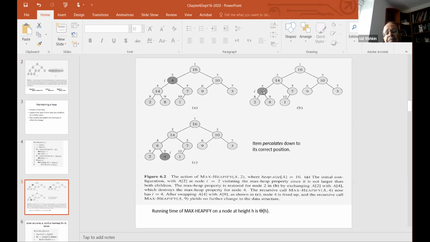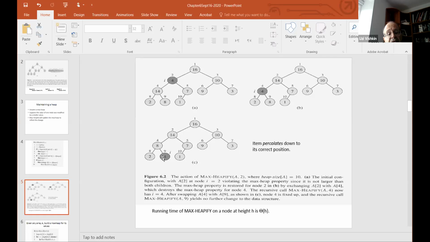And now we look again at both children of 4, which is now the parent of these 2 children. And now we see that only the 8 remains unhappy. And when only one is unhappy, it's easy, because then you just exchange them. And now the 8 moves here, the 4 here.